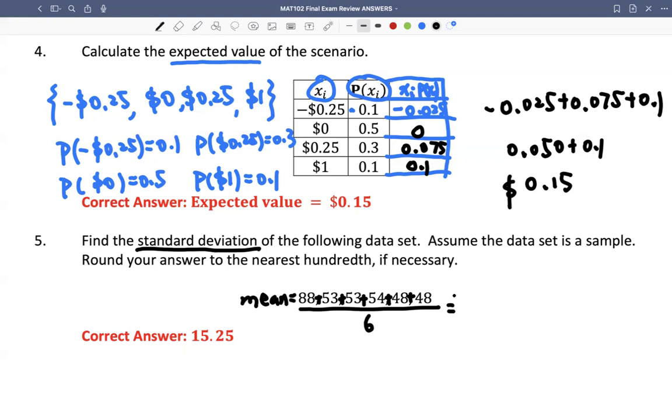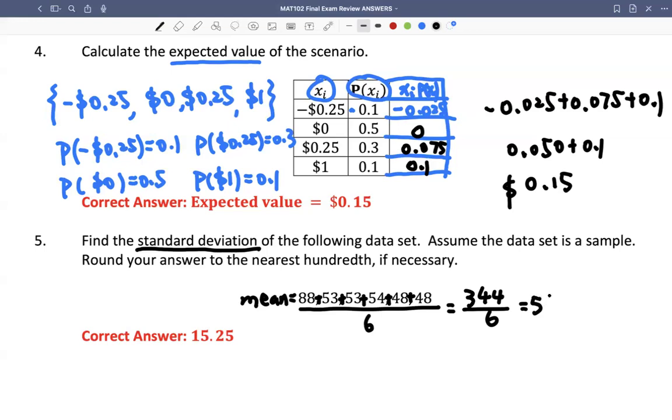Okay, we have 88 plus 53, that's 141, plus 54, plus 48, that's 344. Then divided by 6, we get 57.33 and so on forever.